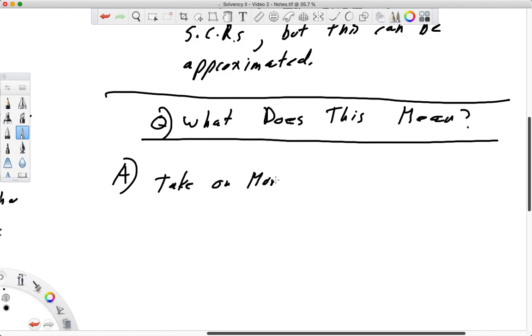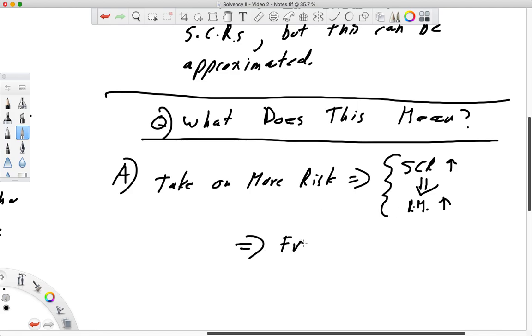Take on more risk implies that the SCR goes up, but then that implies, because of how the risk margin formula works, that the risk margin also goes up. So both of those things go up, and that implies that your free assets go down.